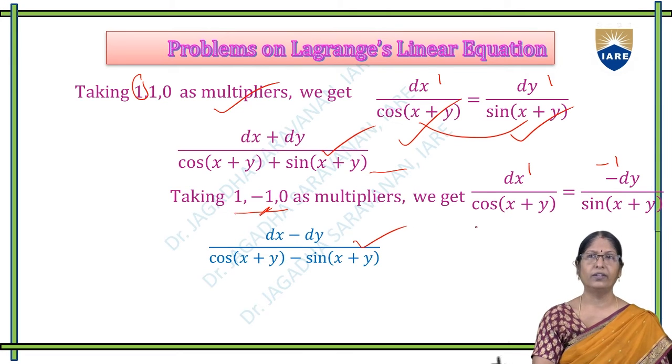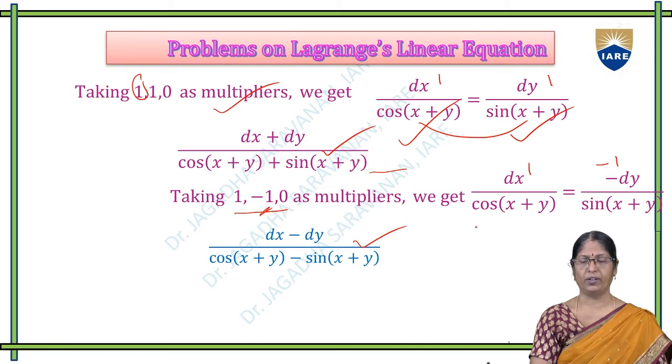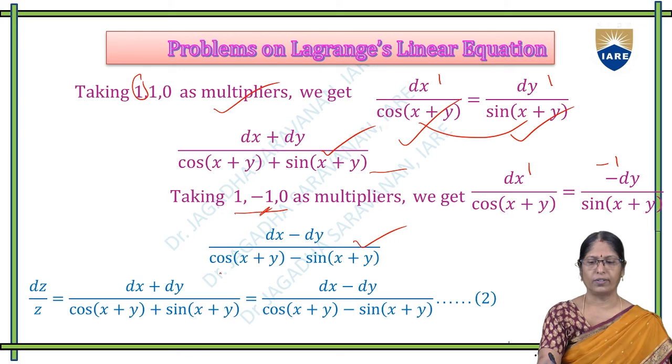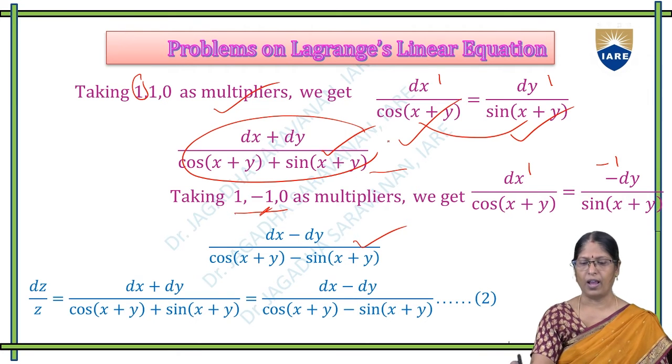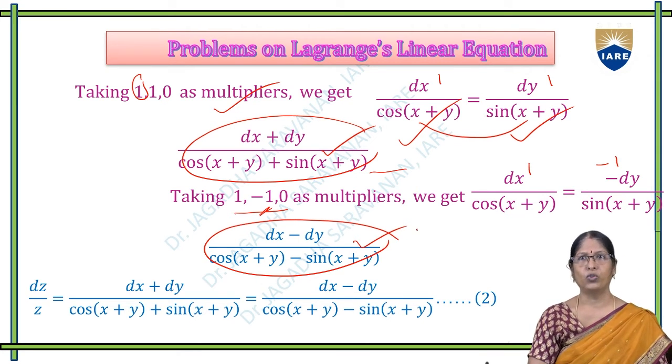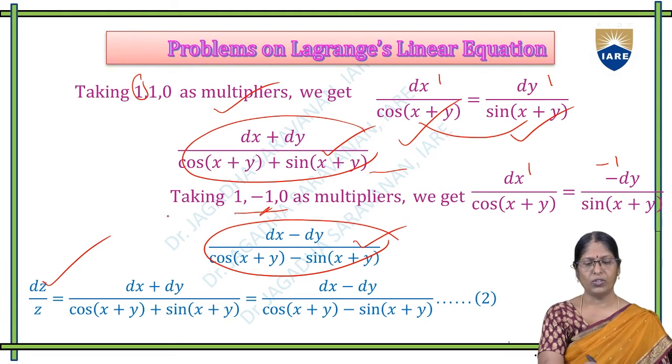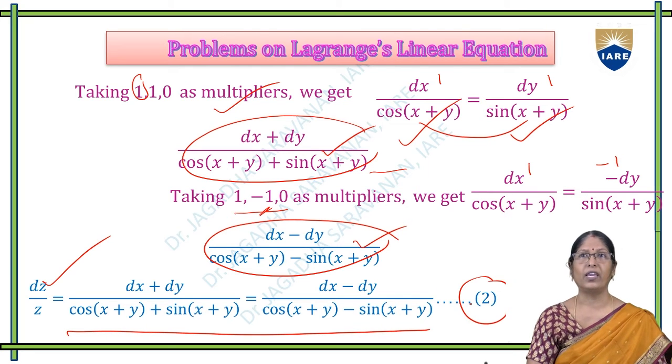Adding the numerator and denominator, we obtained dx minus dy divided by cos of x plus y minus sine of x plus y. So this result and the previous result, both are to be equated to our third member, which is dz by z. The whole we are naming as equation 2.